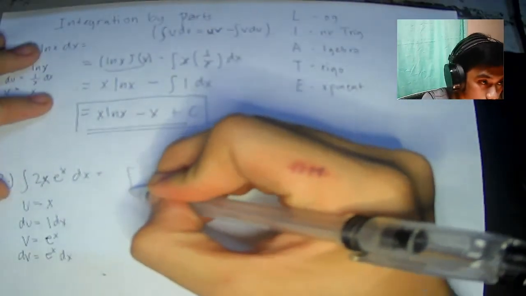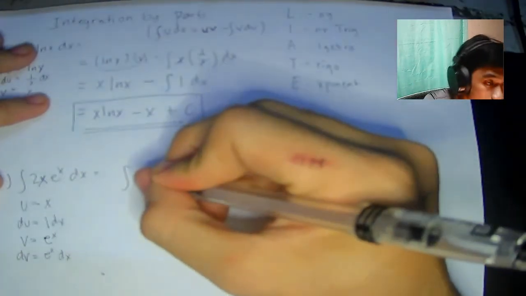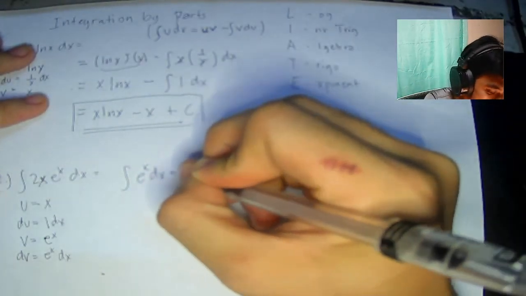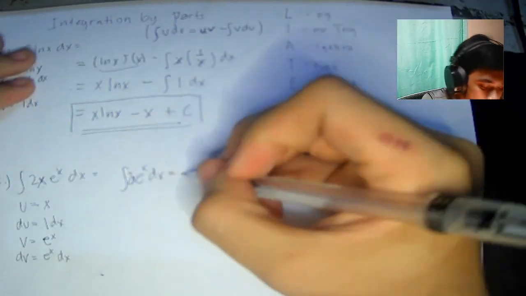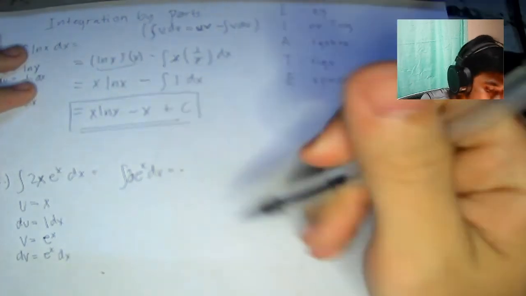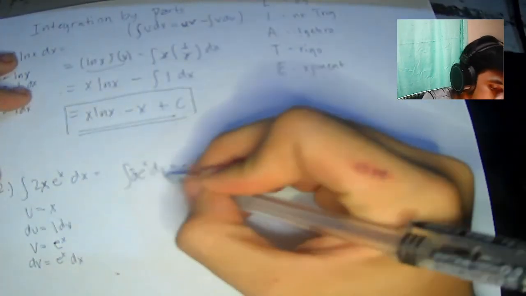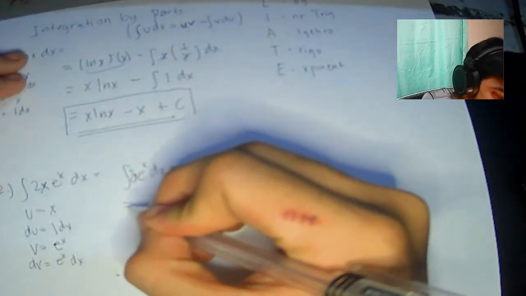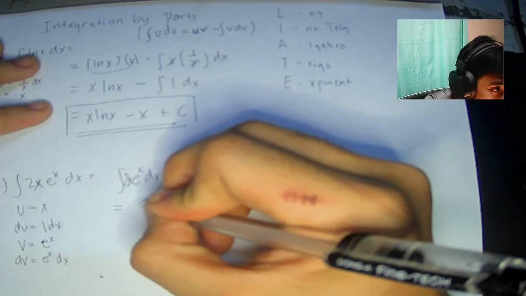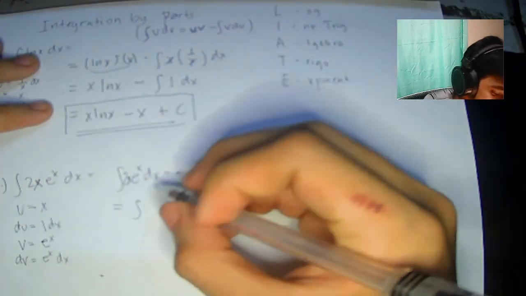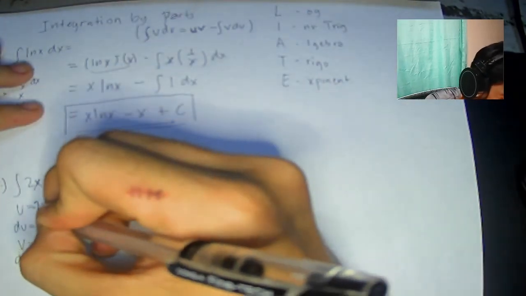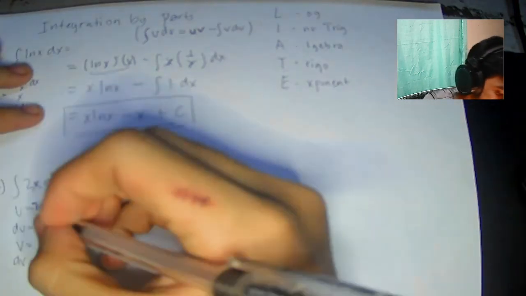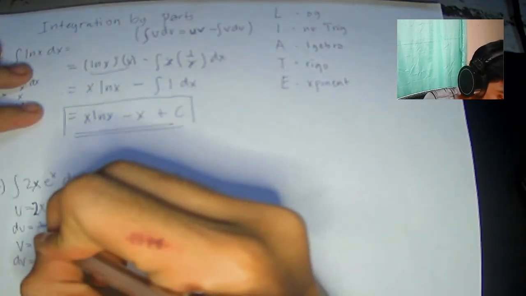The integral of 2x e to the x dx is equal to, so I'm going to transform this with the same formula. Sorry, I forgot, this is 2x and it should be 2 dx.